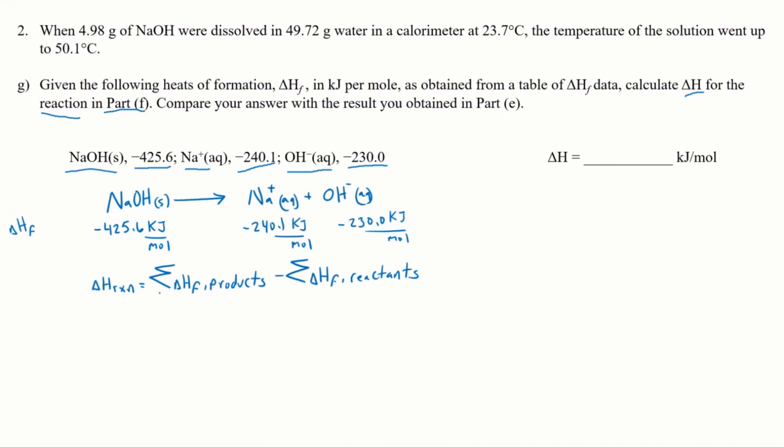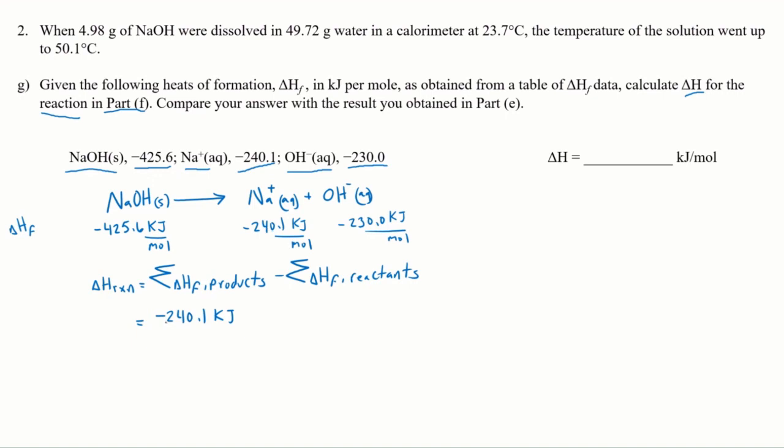Okay, now let's look at the products first. So 1 mole of sodium ions, if I multiply it by its delta H of formation, I will obtain the amount of energy that sodium ions have, which will be negative 240.1 kilojoules, because its delta H of formation is negative 240.1 kilojoules per mole.